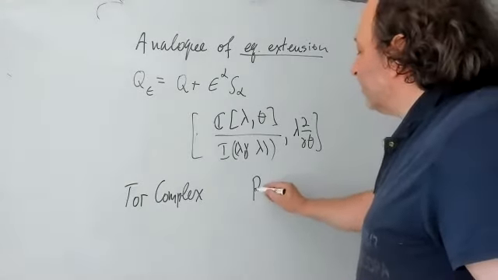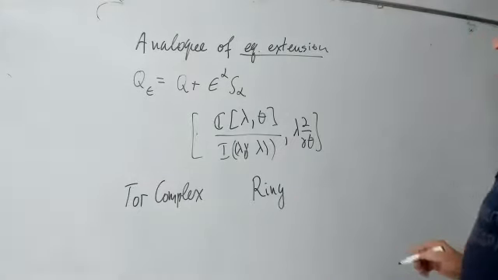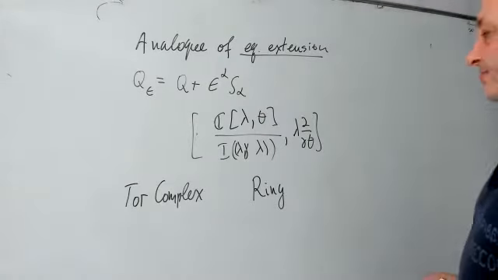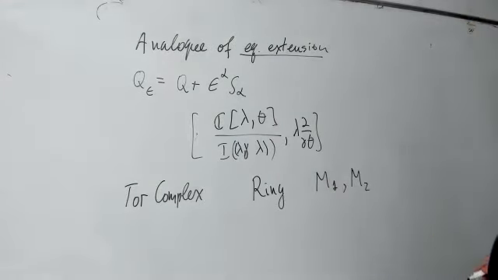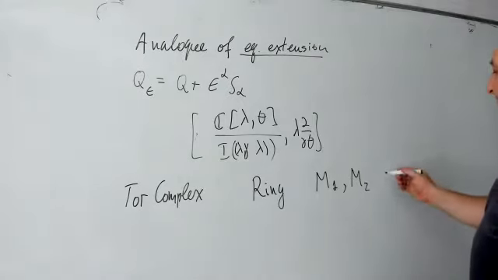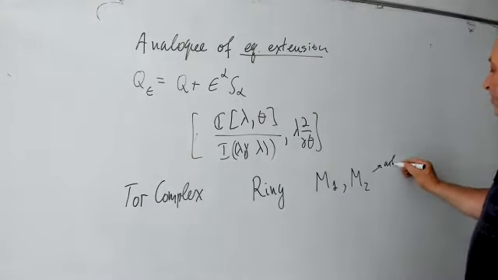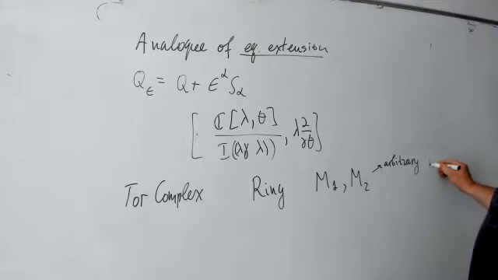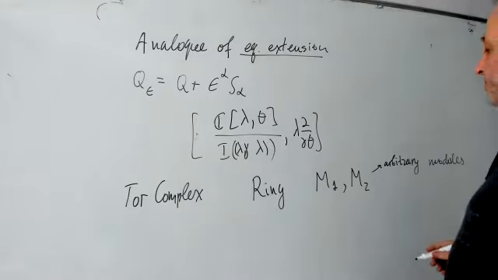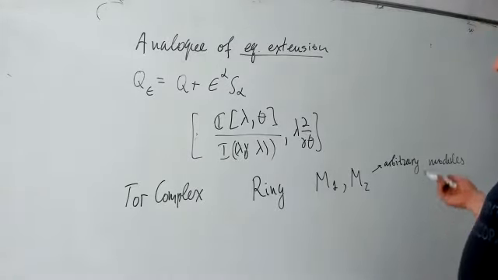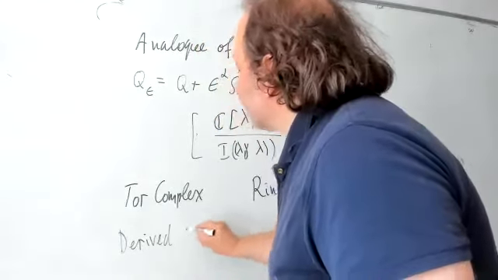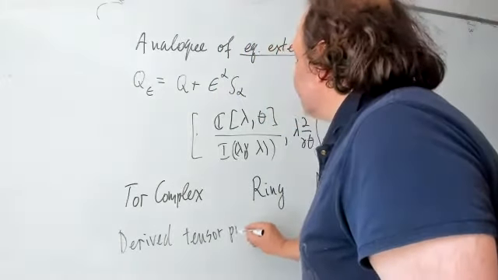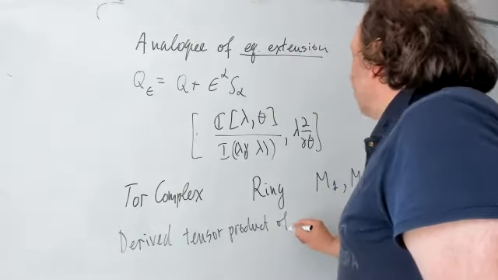Suppose we have a ring, I'll call it ring in order not to confuse it with R. And suppose we have two modules, arbitrary modules. We would like to have the derived tensor product over the ring.